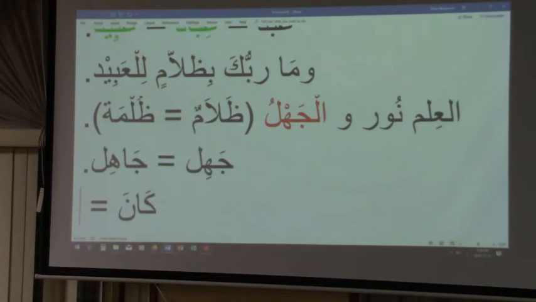Allahu Akbar, accent, can't help it. Kana and kanat. Kana and كانت. ما معنى كان؟ Was. كانت, was. Male, female, right? Good. Okay. كان, was. كانت for female.